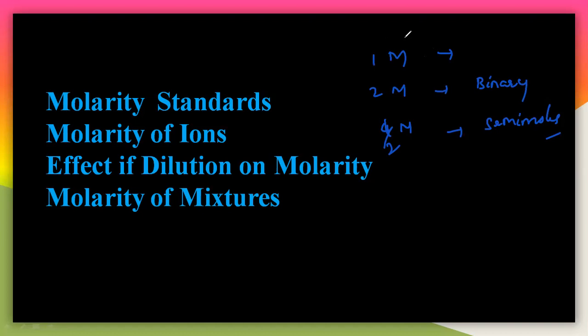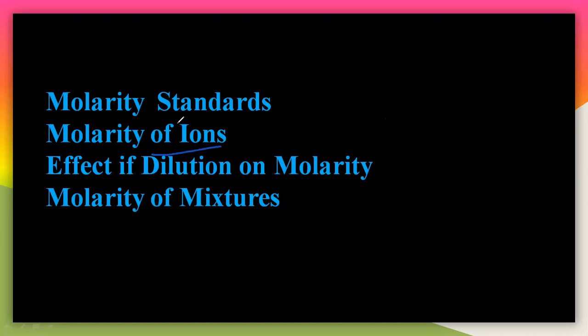Actually they are not necessary for now. We'll simply see the molarity of ions here. Molarity of ions is a very important thing, because ions also have molarity. See here, if NaCl is there, NaOH is there.